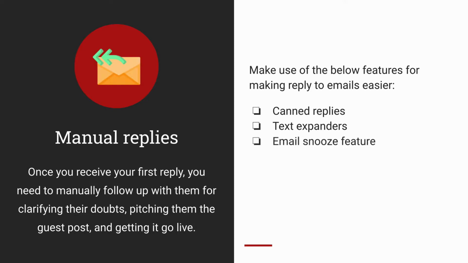And the email snooze feature. Whenever you reach out to a person with a guest post and you're waiting for them to publish it, you may more likely forget that you submitted the guest post.